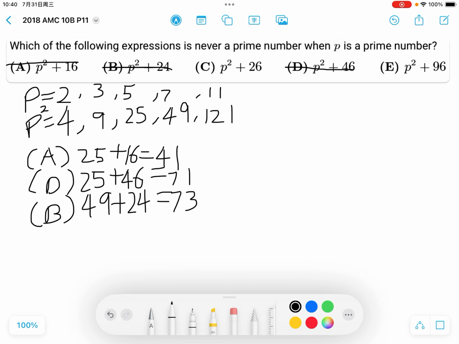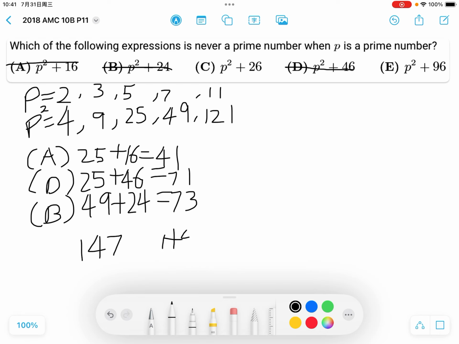So p squared is going to be 121. So 121 plus 26 is going to give us 147. Alright, so when C is 147, it's divisible by 3. For something to be divisible by 3, you want to see if its digits sum up to a multiple of 3.